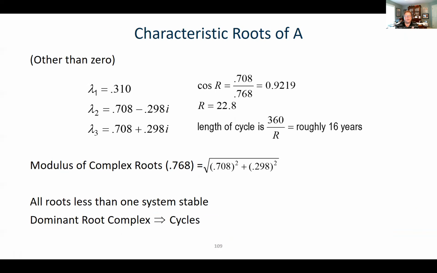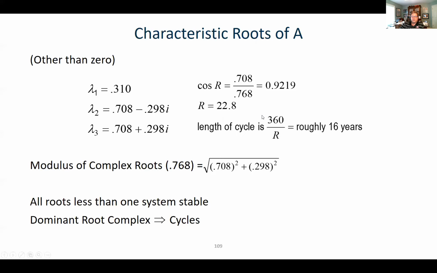That is, the real and imaginary coefficients are the same, but for the sign. And if you look at the modulus here, the modulus is 0.768 for these 2 characteristic roots, and the characteristic value for the other, lambda 1, is positive, but the dominant root comes from complex numbers.